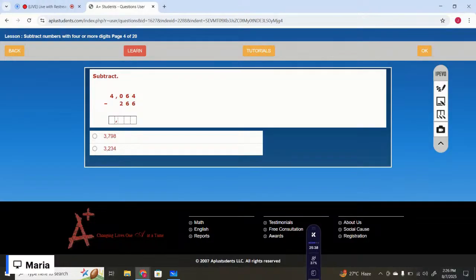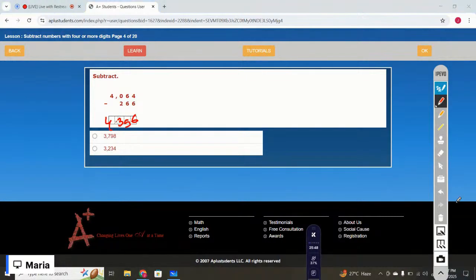4,064 minus 266. So we cannot subtract 6 out of 4, so we need to borrow 1. We have 5 here and 14. 14 take away 6 is 8. Now we need another borrow.